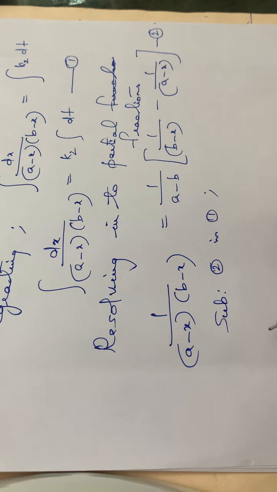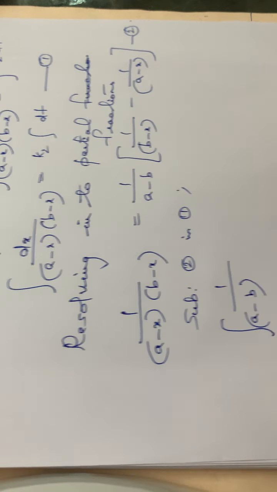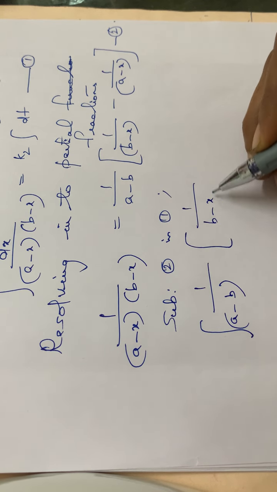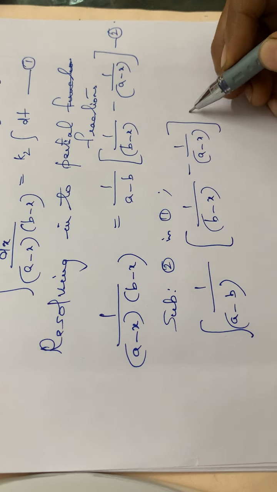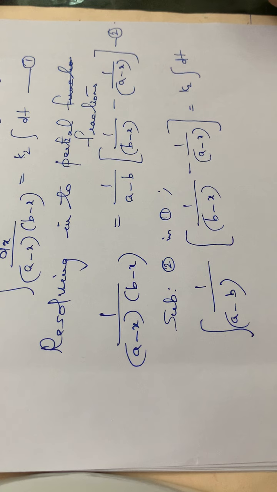So the integral of 1 by A minus B into 1 by B minus X minus 1 by A minus X is equal to K2 into integral dt. This is the next equation.